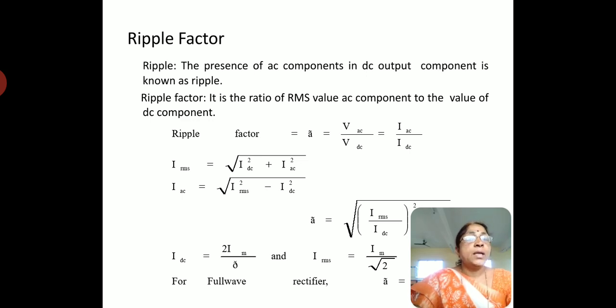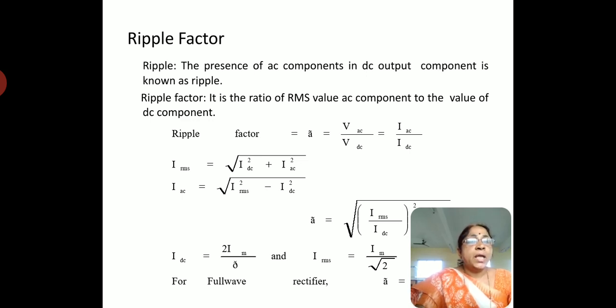So mathematically, the ripple factor is represented with the symbol gamma, and that is equal to VAC by VDC, that is equal to IAC of RMS divided by IDC. We get the ripple factor. But here we are going to substitute IRMS equal to the square root of I square DC plus I square of the AC component.